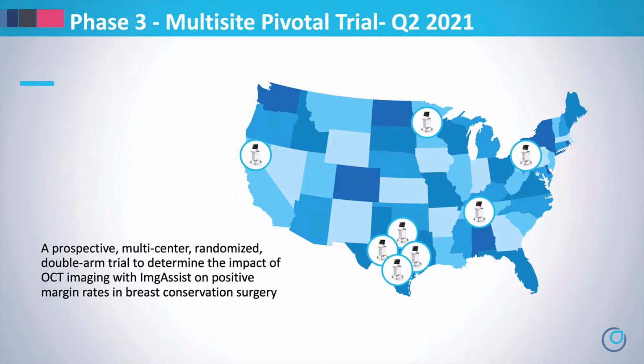I just wanted to point out that this is going to be at academic and community centers, that it's going to be, yes, happening in Texas, but actually at sites throughout the country, a great diversity of people that will be served by this trial. And I think it's going to give us a very good idea of just how good optical coherence tomography imaging is with the AI, the artificial intelligence image assist, on identifying positive margin rates in breast conservation therapy. So with that, I would like to conclude and thank you for listening.